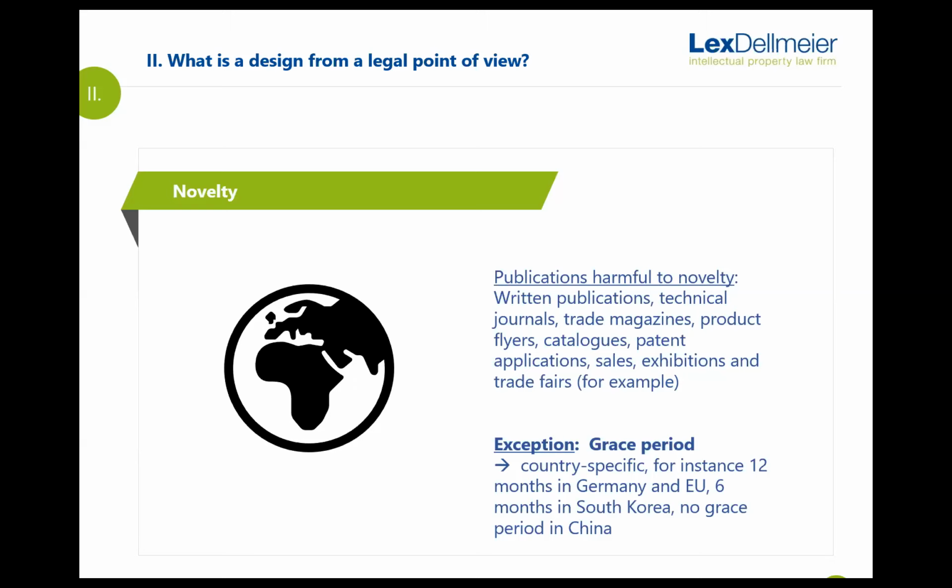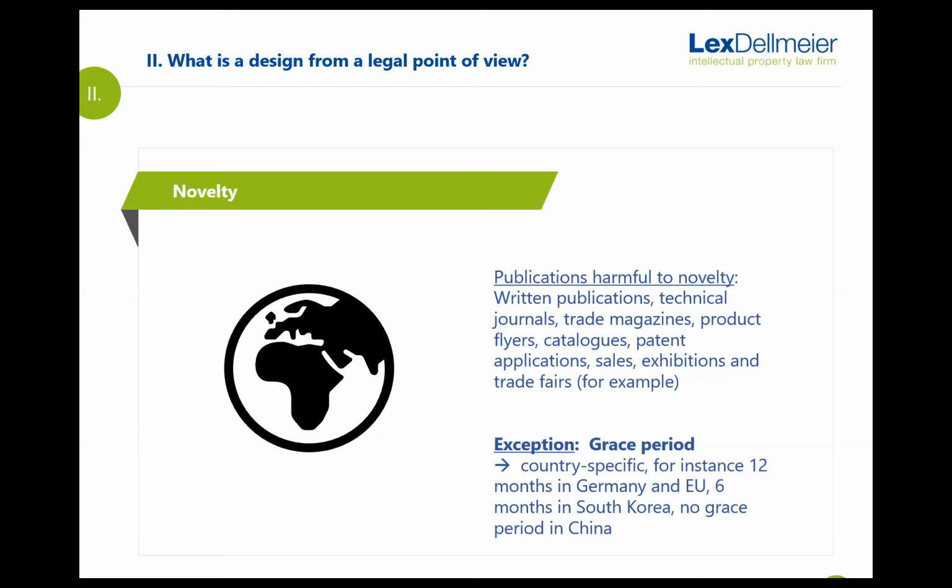This is country specific, but for instance, in Germany and the EU, the designer is granted a grace period of 12 months ahead of the design application date, in which he or she can already publish the design, show it at trade fairs, for instance, without harming novelty.